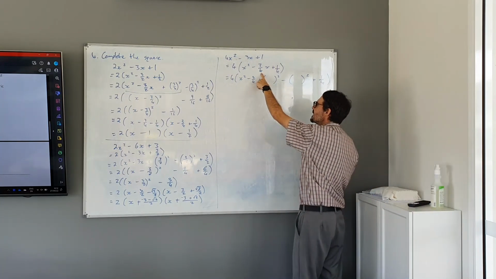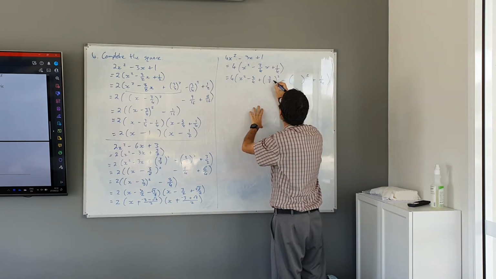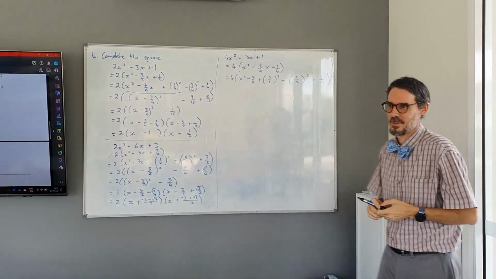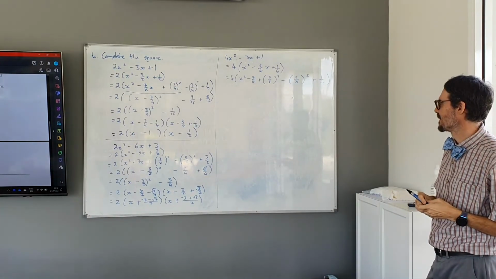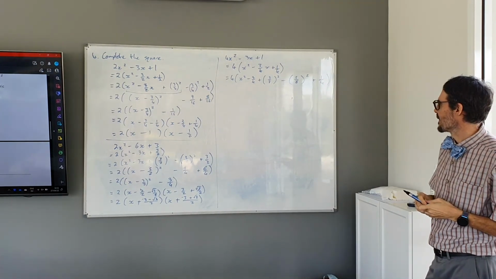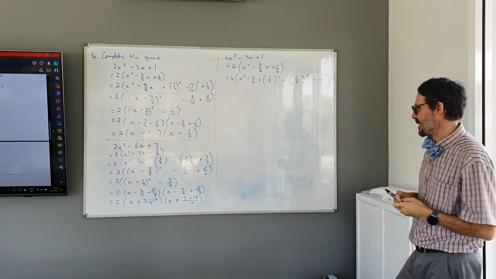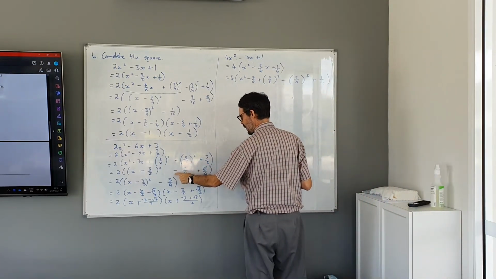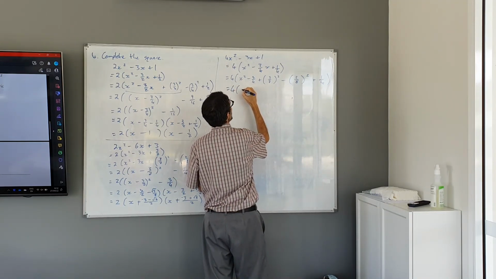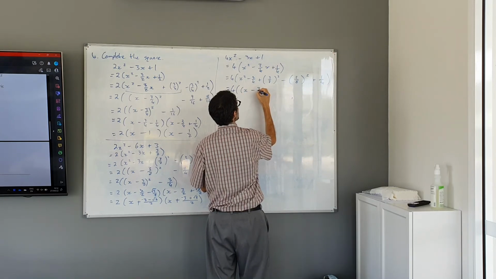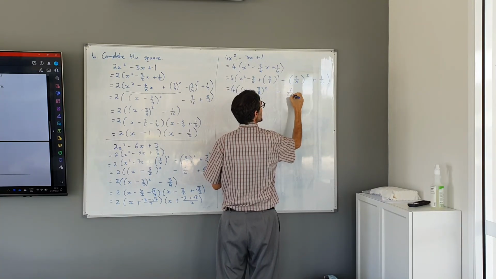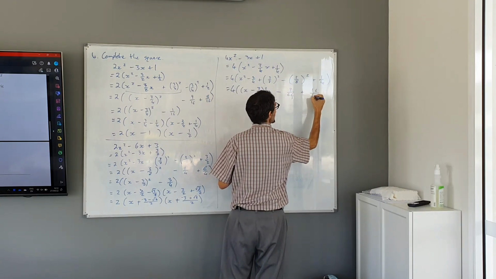It's half of the middle. 3 on 8. And what happens next? Instead of a difference, I'm expecting to get a plus here. Let's do it. x minus 3 on 8 squared minus 9 on 64 plus 16 on 64.